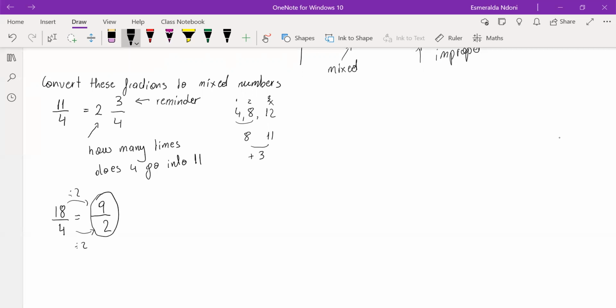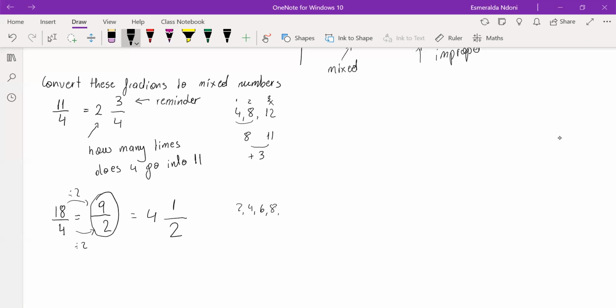So the question now is, how many 2s go into 9? 2, 4, 6, 8, 10 is too big. So 1, 2, 3, 4: 4 of them go into 9. The 2 doesn't change because I'm still doing 2s into 9. Now, what's the remainder from 8 to 9? The remainder is 1, and that's all it is to it.